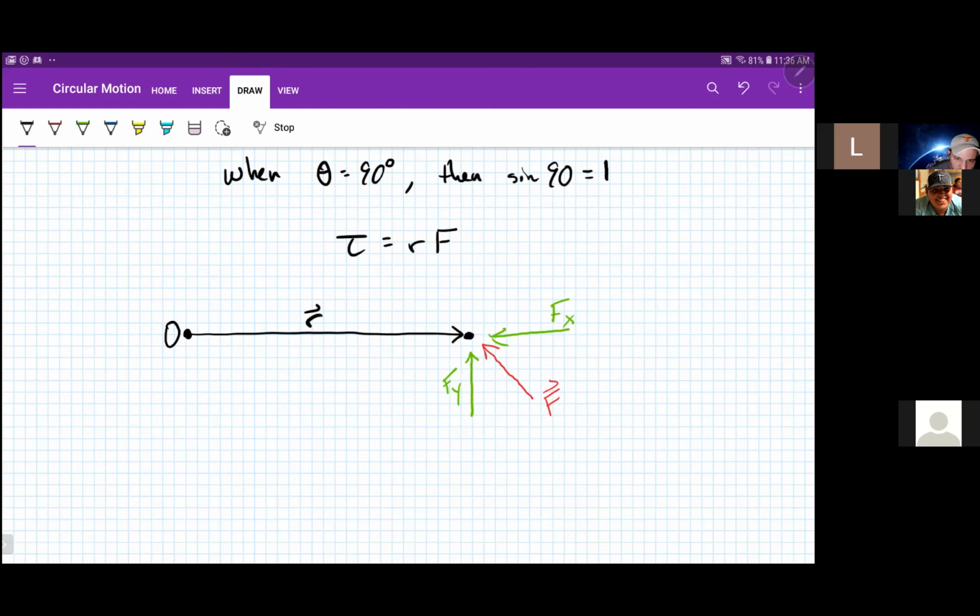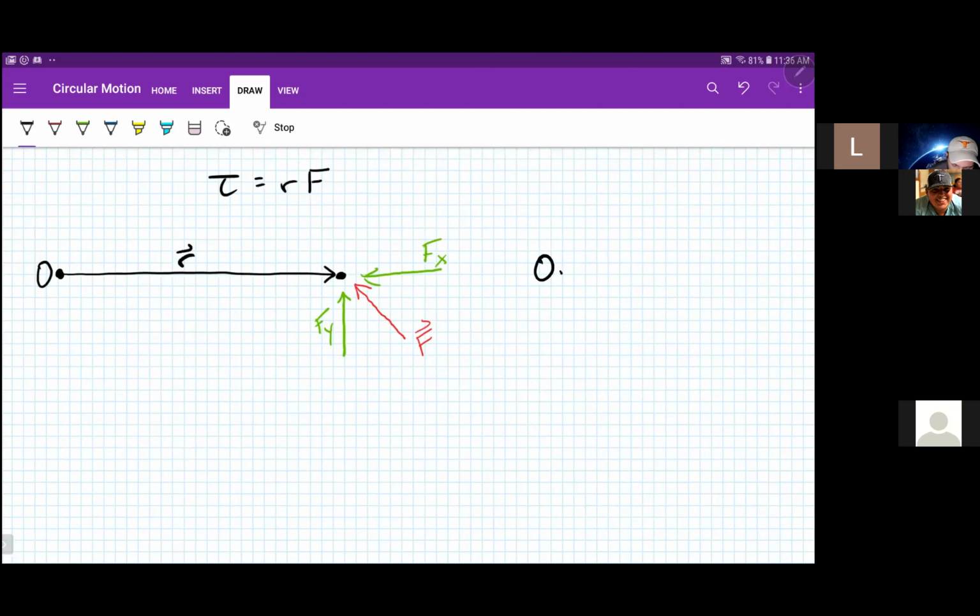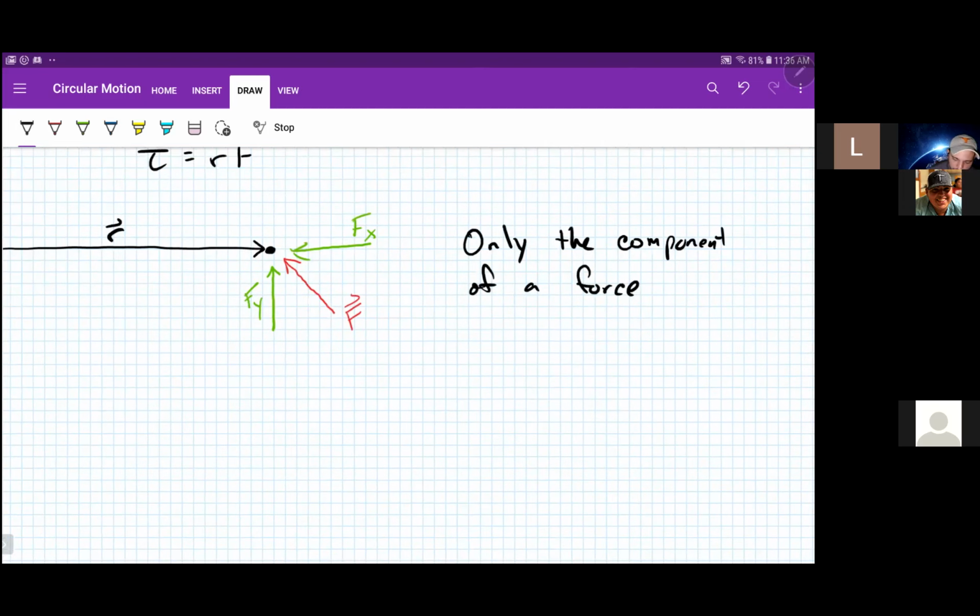So only the component of a force that is perpendicular to R is going to contribute to torque.